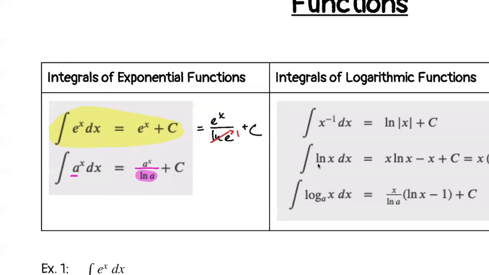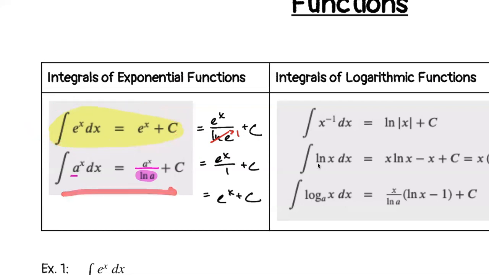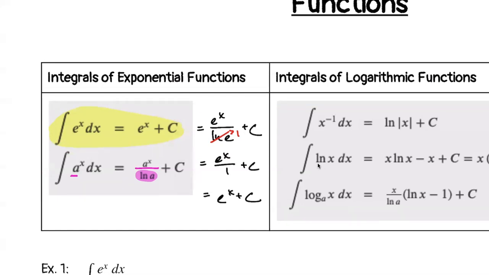And so we really have e to the x over 1 plus c, or we can just say e to the x plus c. Okay, so a lot of times we learn this simple case and we're like, why is the other case so complicated? But it turns out that they both follow this second rule. It's just that when we take the natural log of e, it's such a nice number, it goes to 1. We don't have a fraction anymore, so it seems more simple.